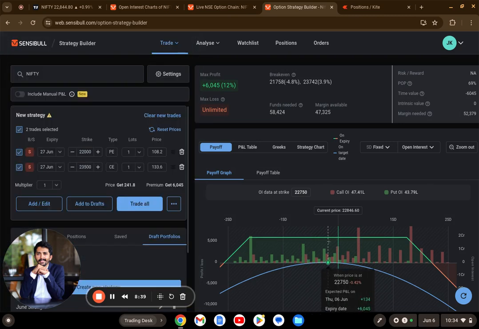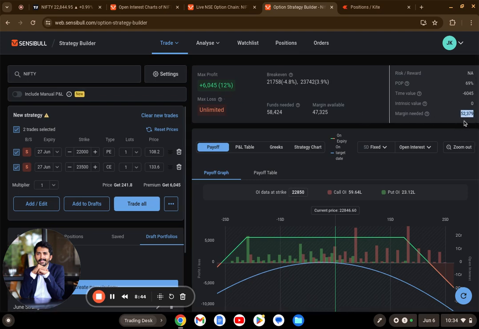If you look at this particular chart, for doing this trade we'll be using around 52,000, 58,000, and the maximum profit out of this would be 6,000. Right now the market is at 22,850, and if it goes down, we have around 4.5%, 7% downside.